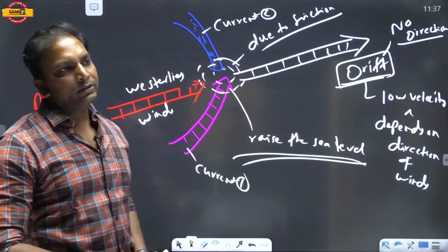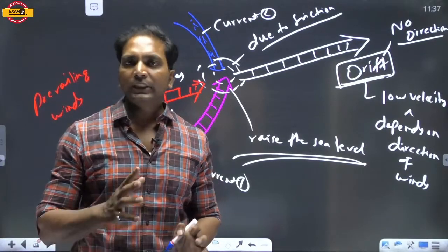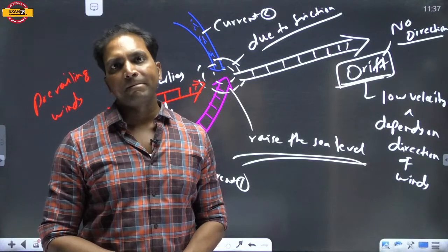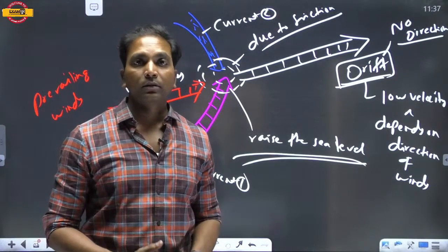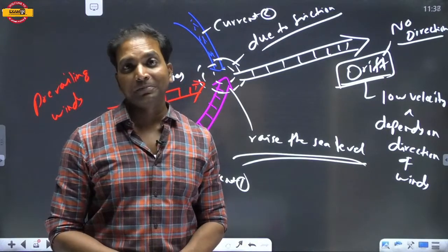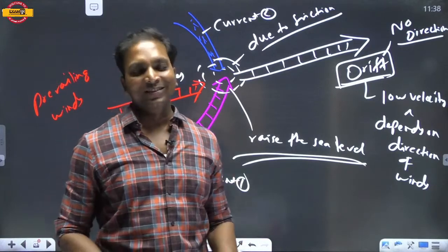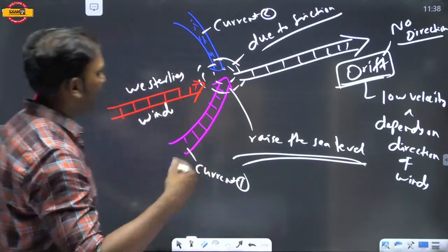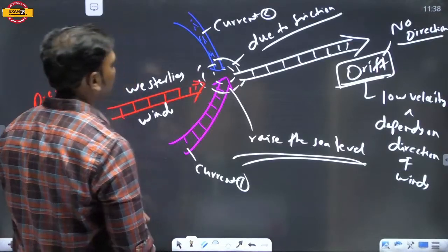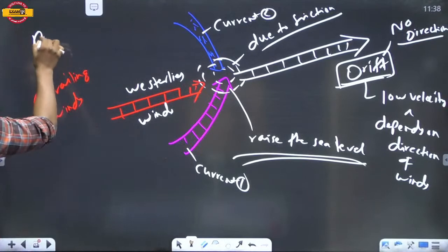Next one is how the shape of a coastal line can generate oceanic currents at a local level. Okay. So next we are coming to the shape of coastal line. Here we have discussed the prevailing winds.